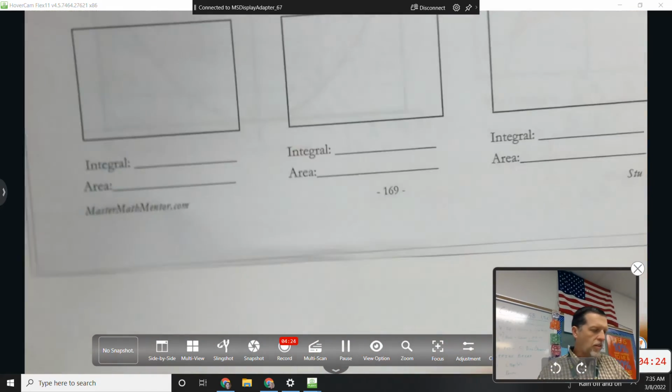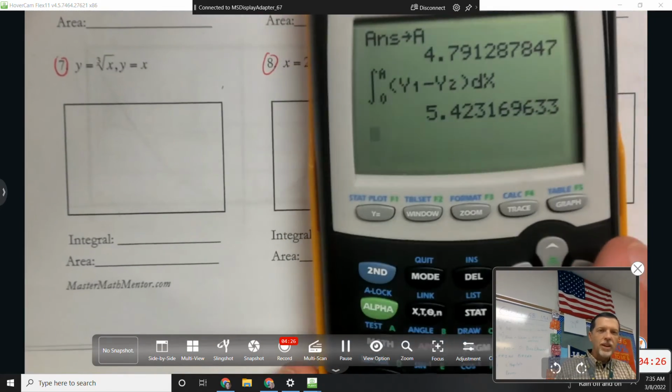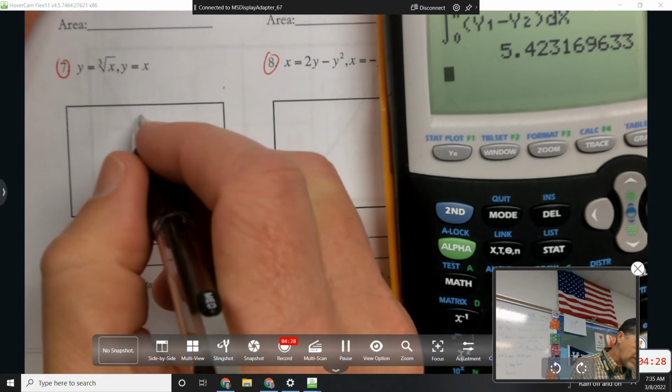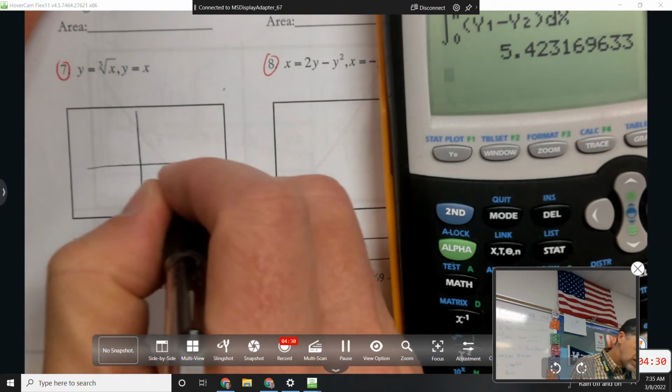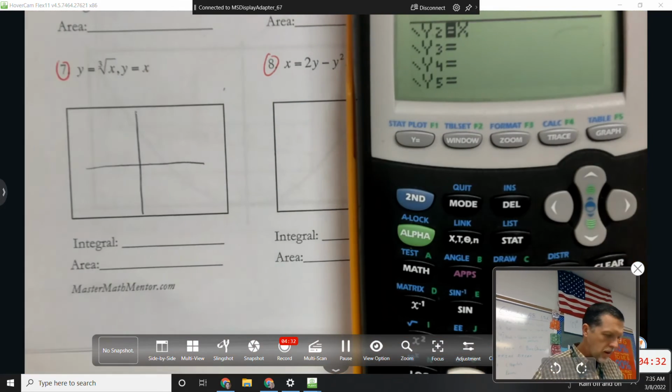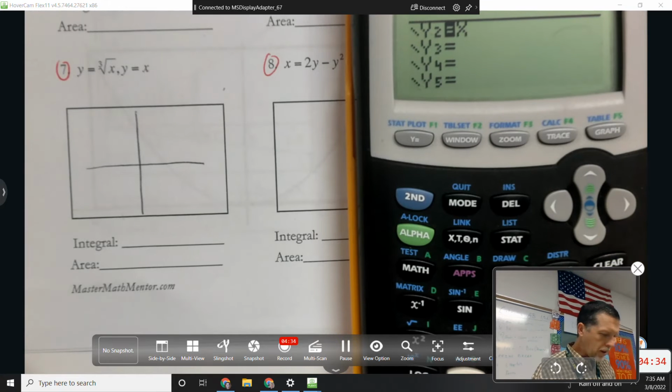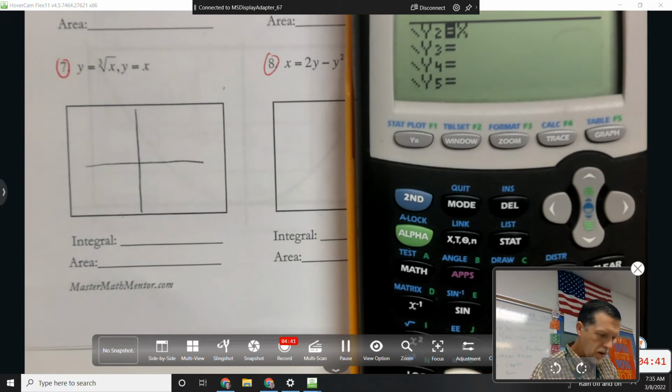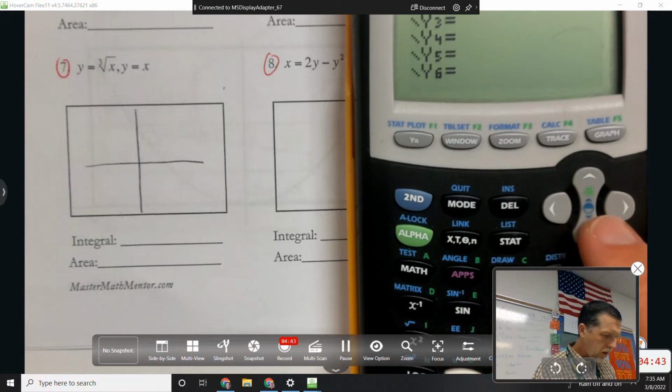Right, number 7 is one I had flagged from the get-go to look at. So I know what the cube root looks like. Let's see, x to the 1/3 for a cube root, and y equals x.